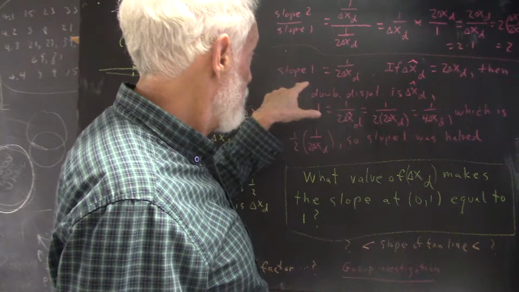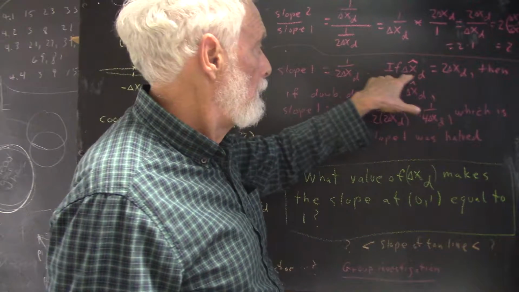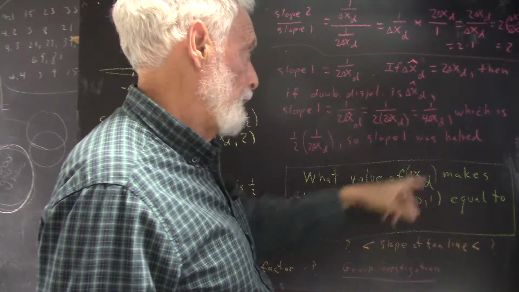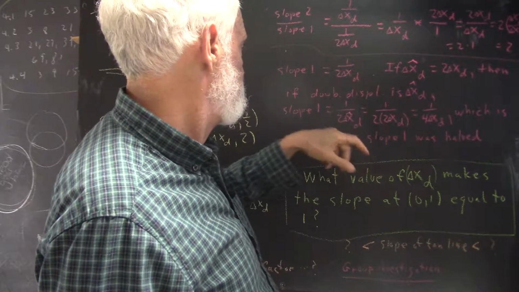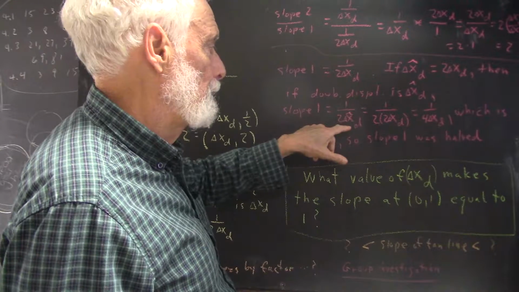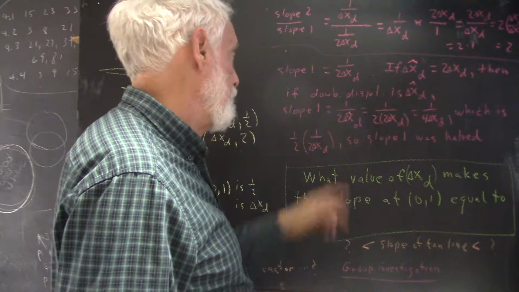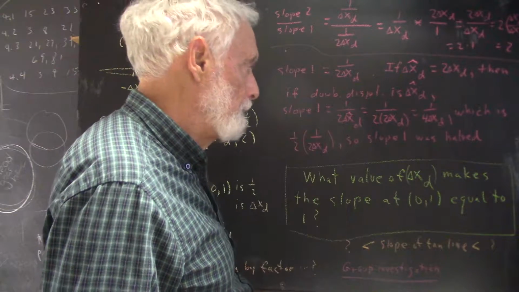So in the original doubling displacement, here's our slope. Our new slope, if we've got the new doubling displacement, double the old one, is going to be what? It's going to be 1 over 2 times the doubling displacement. But now the doubling displacement is delta x hat sub d.